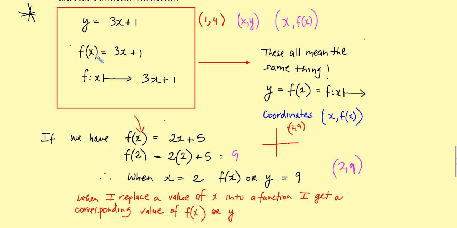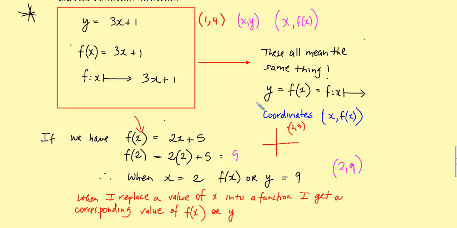So the first one is y equals, the second one is f of x equals, and the third one is f, the function, x maps onto 3x plus 1. Okay, they all mean the same thing. Whether I say y equals, or f of x equals, or f maps x onto, they all mean exactly the same thing.